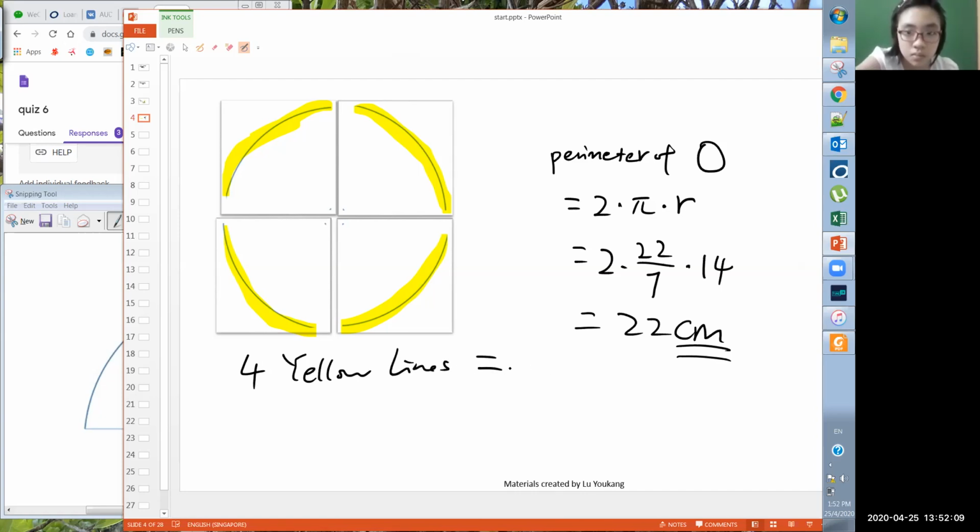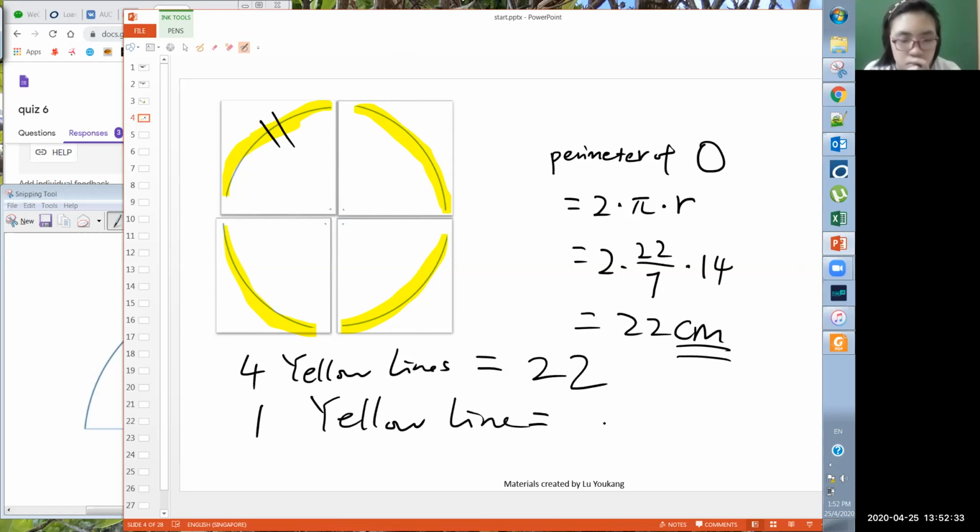And the full circle is how much? The full circle is 22 cm. So, do you want 4 yellow lines? I want only 1. So 1 yellow line is how much? 22 divided by 4. Correct. So what's the answer?